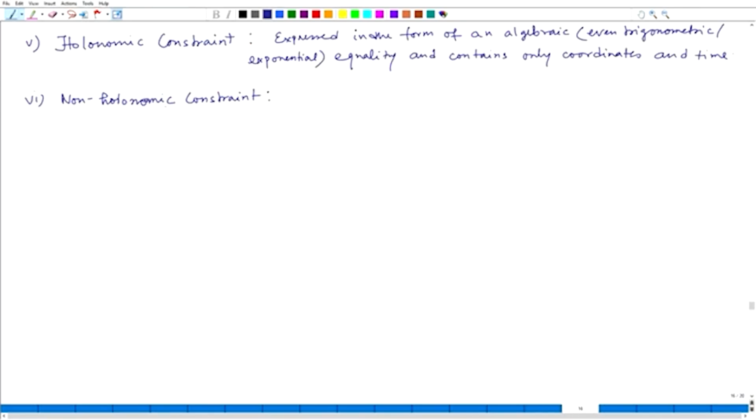What is a non-holonomic constraint? So, non-holonomic constraint is, for example, all the unilateral constraints, that means constraints involving the inequalities, and constraints involving the velocity coordinates.